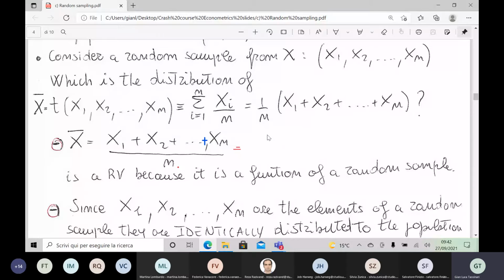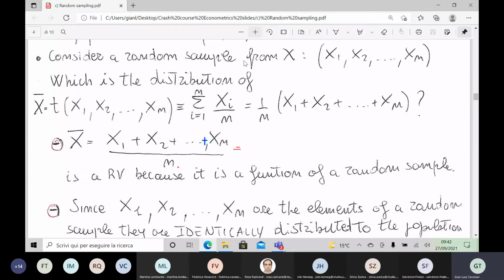Suppose you select again another sample, putting everything back inside your population, and compute again the observed value of x bar, which is small x bar 2. Obviously, you will get another value, different or very close. So what I'm saying is that capital X bar is the random variable that will assume different values according to the sample you are going to select.